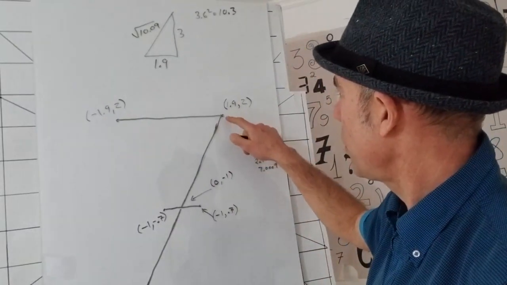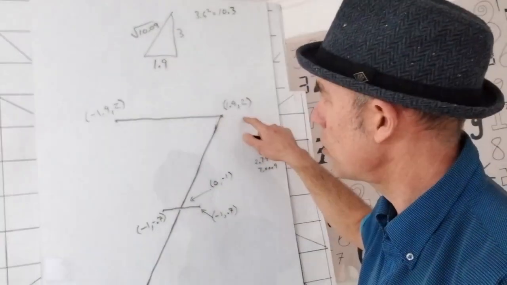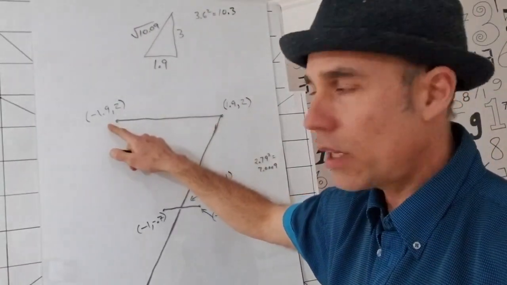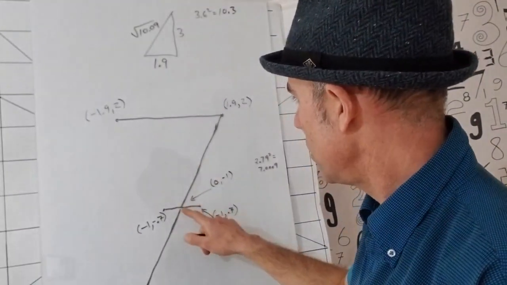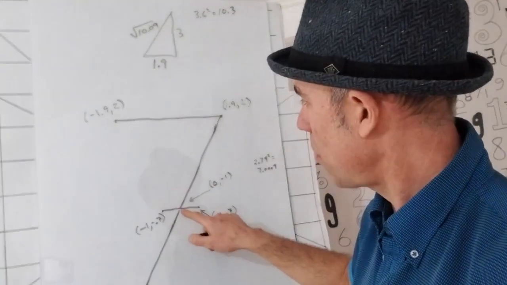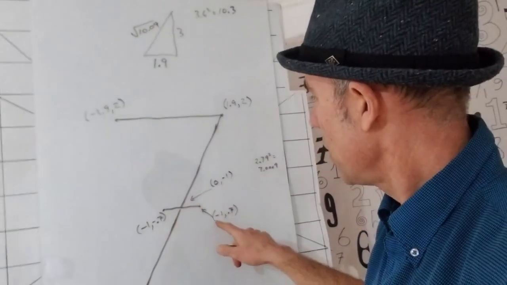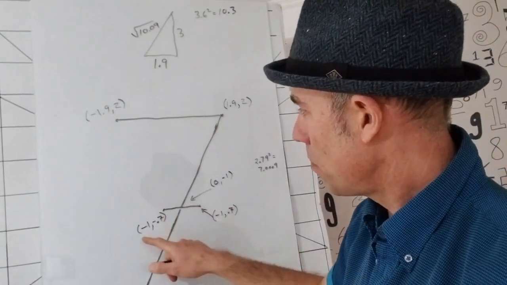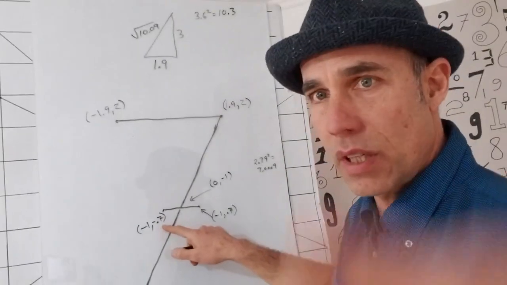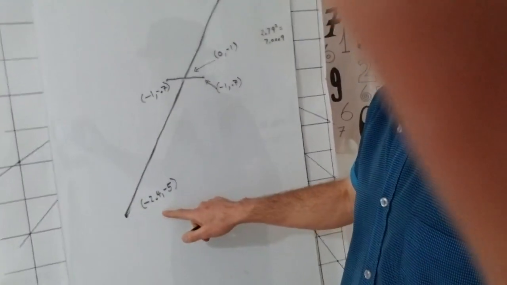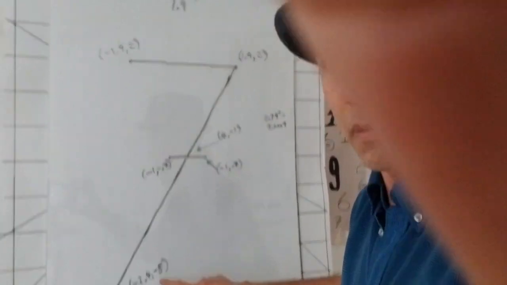Here we have 1.9 and 2 for the location of that spot, minus 1.9 and 2, 0 and minus 1 for the spot where this line intersects. Either side of that, minus 1 and 0.7, minus 1 and minus 0.7, and way down at the bottom here, we have minus 2.4 and minus 5.